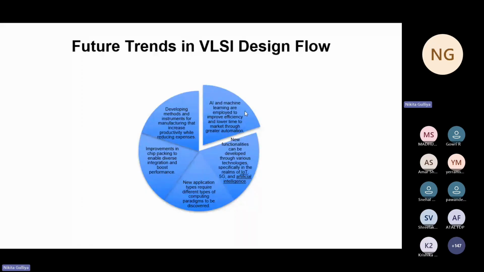There is also a growing focus on improving manufacturing productivity while reducing costs through better tools and processes. Overall, the VLSI design flow is continuously evolving to handle increasing complexity and new application demands.